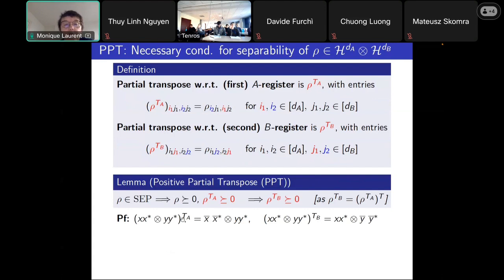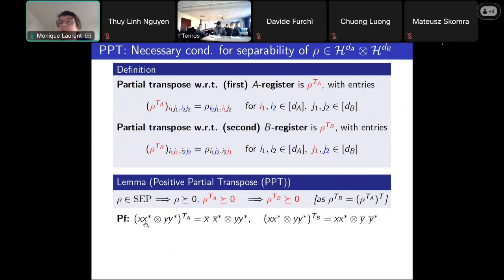And the point is that if we apply the partial transpose to a separable matrix, we get a matrix which is positive semidefinite.